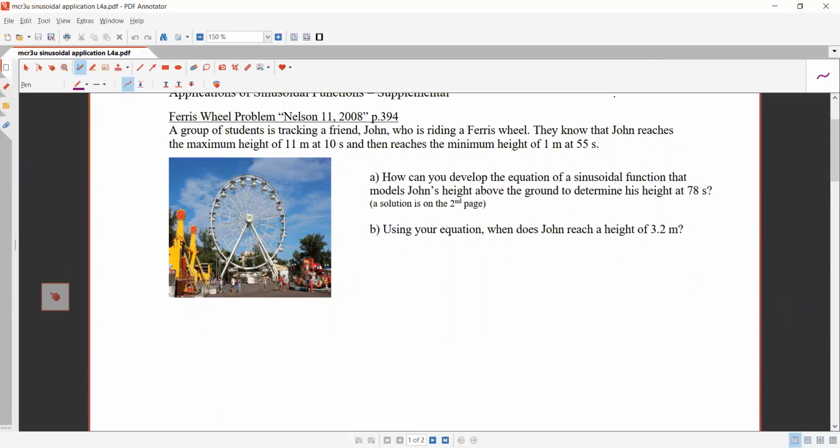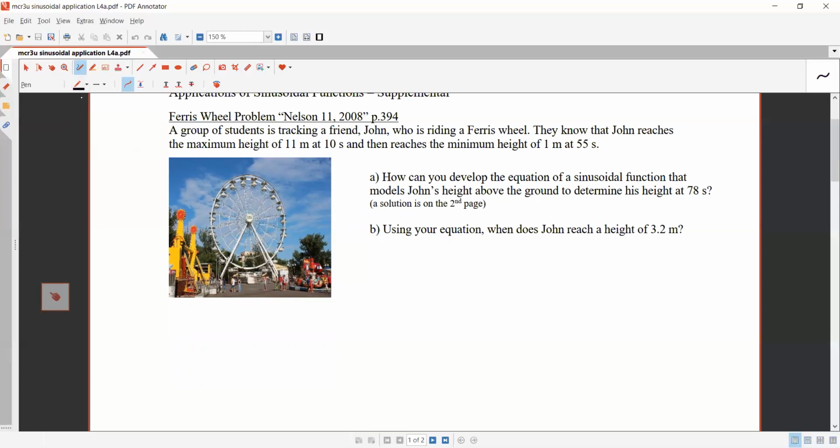First off, we just need to find the equation of this sinusoidal function. On the second page, there is a solution, and they use different variables than what we're used to seeing. Let's recap the notation we usually use.